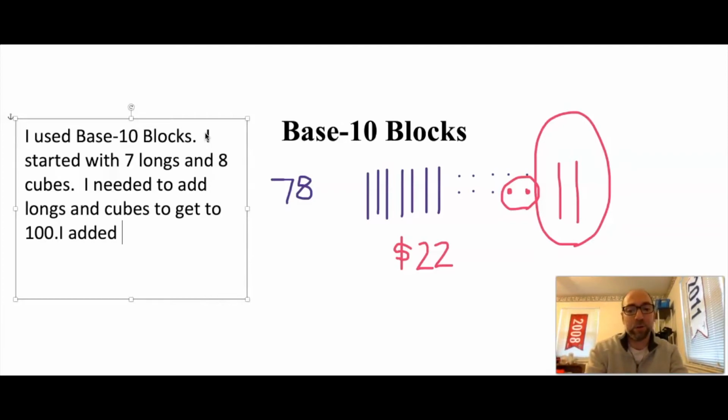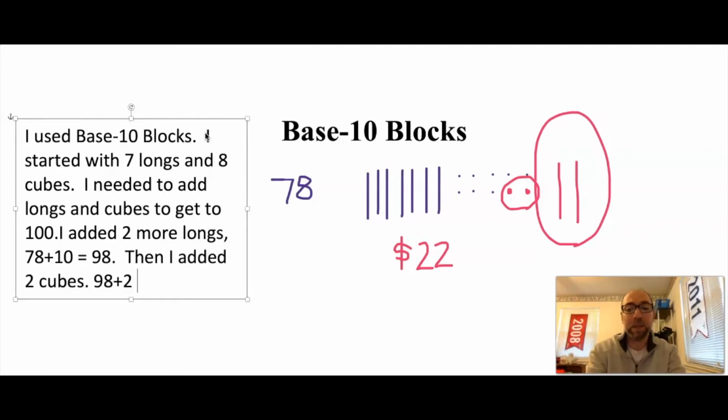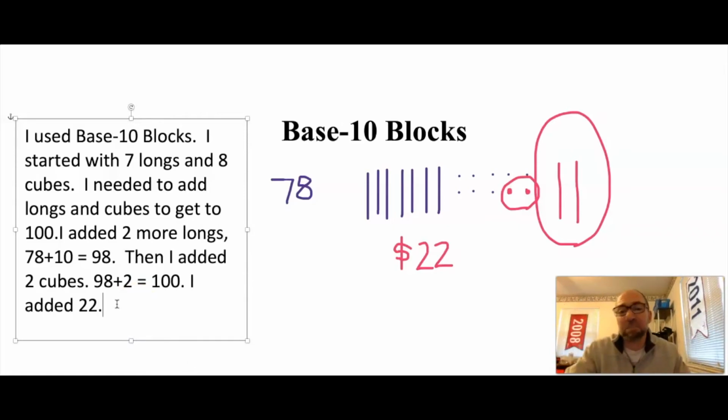I added 2 more longs, and 78 plus 10 equals 98. Then I added 2 cubes. 98 plus 2 equals 100. I added 22 blocks, or I added 22. Something like that, right?